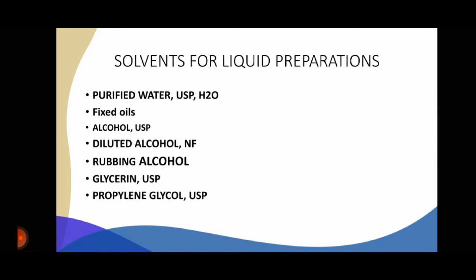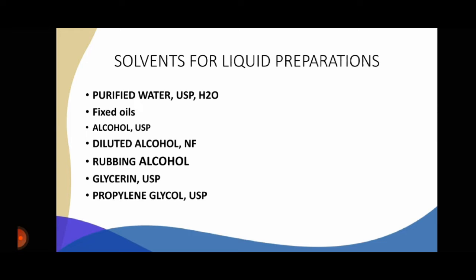The following agents find use as solvents in the preparation of solutions: purified water USP (H2O), fixed oils, alcohol USP, diluted alcohol NF, rubbing alcohol, glycerin USP, and propylene glycol USP.